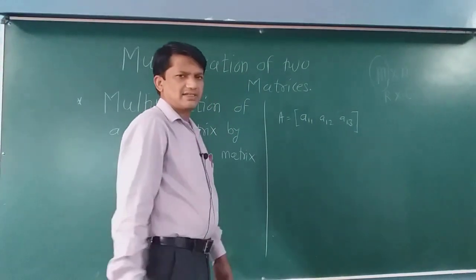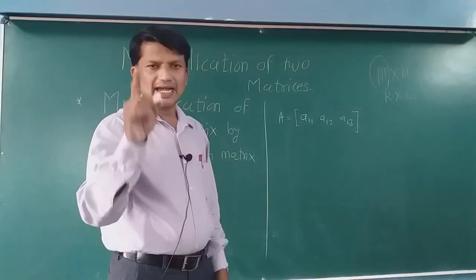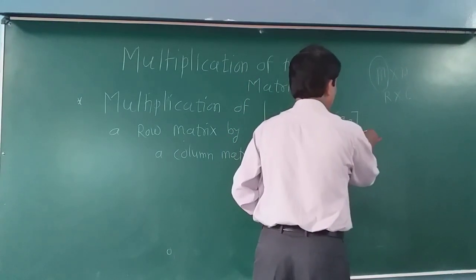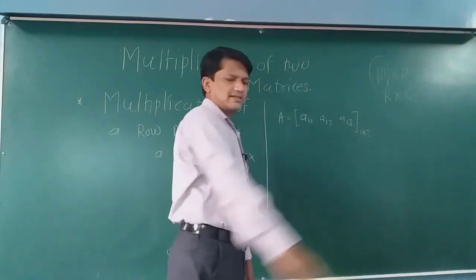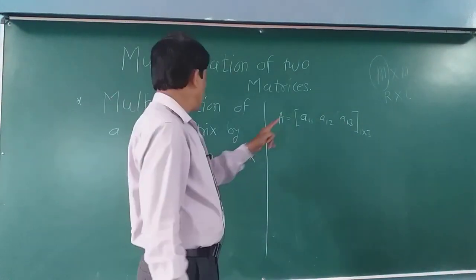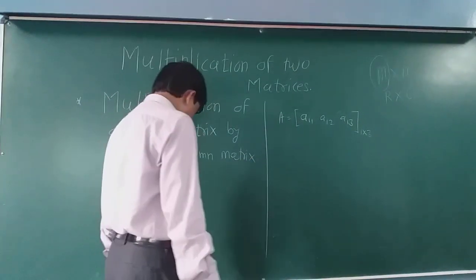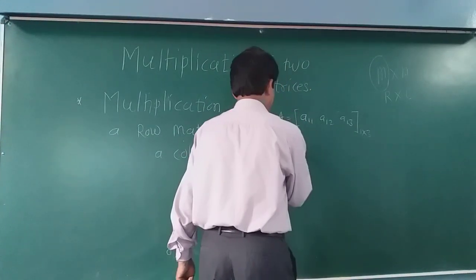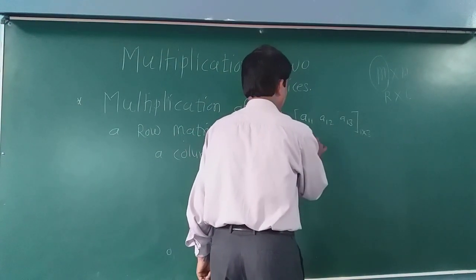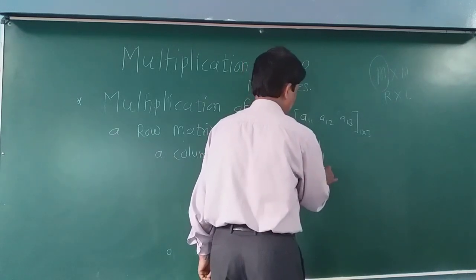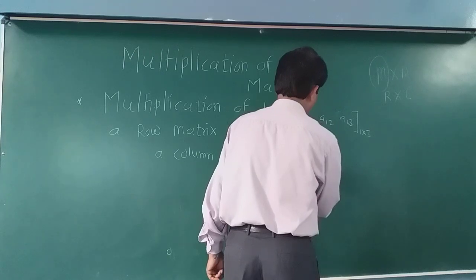This is a matrix having how many rows? Only one row and columns are 3. This is a matrix A having one row, and another matrix B as A11, A21, A31.